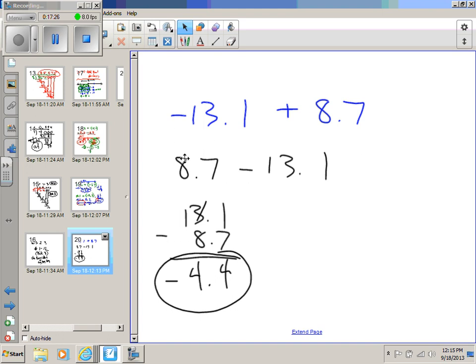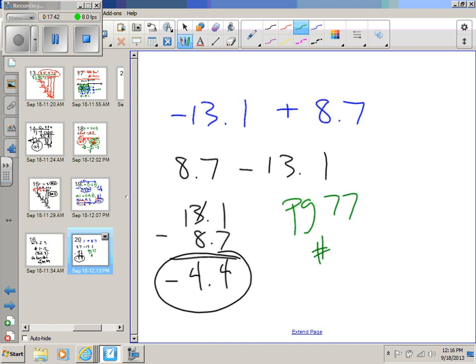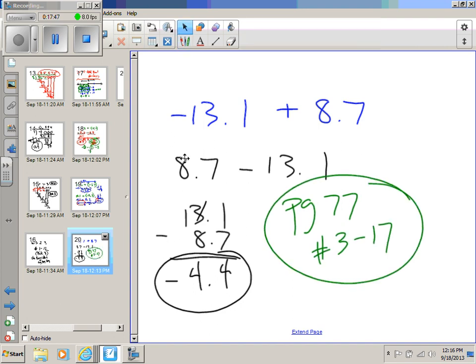So just 3 through 17 for tomorrow. I have a feeling this is going to be a 2-day. 77, 3 to 17. Not that many, so take your time.